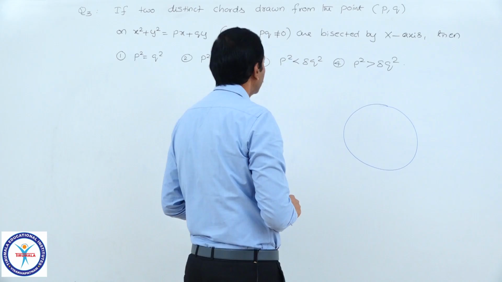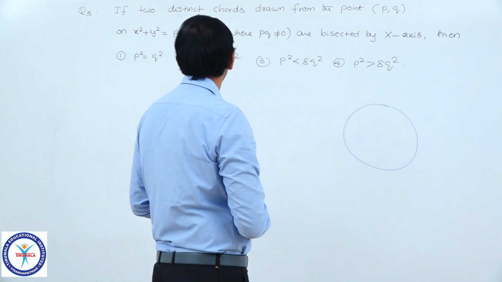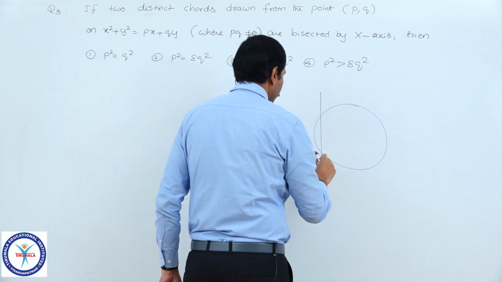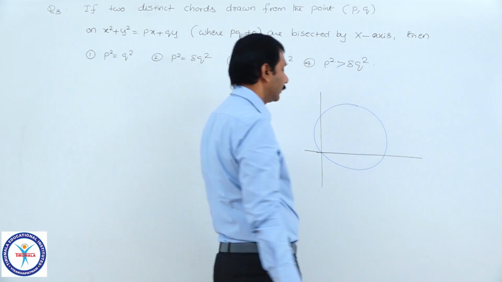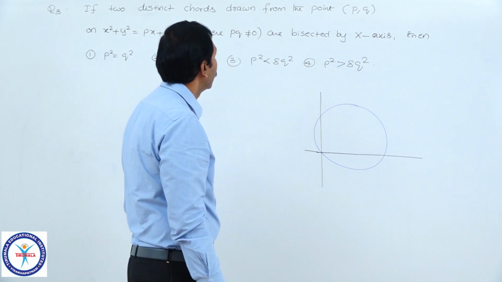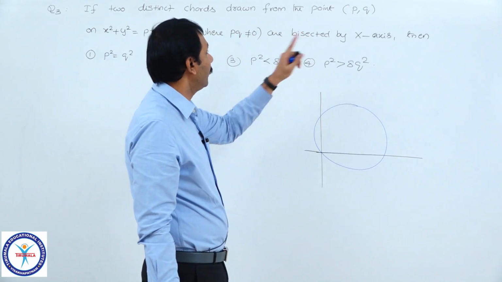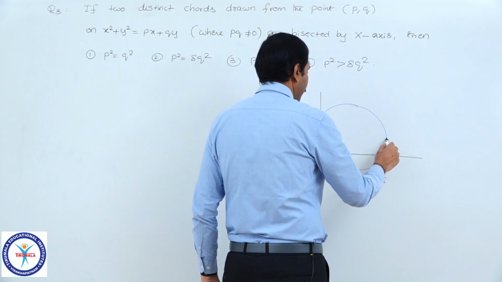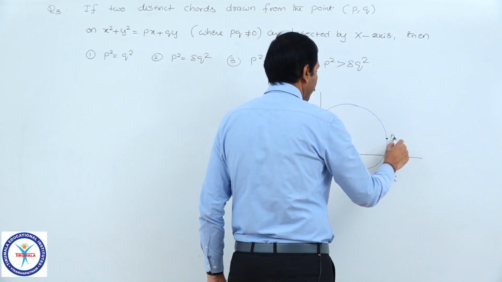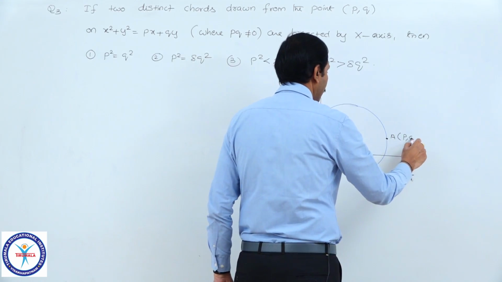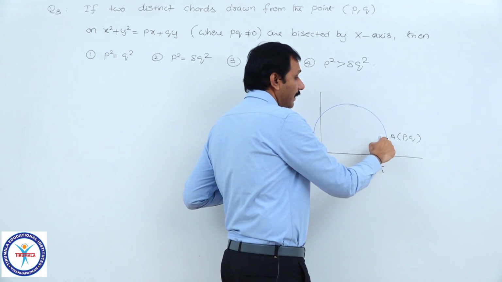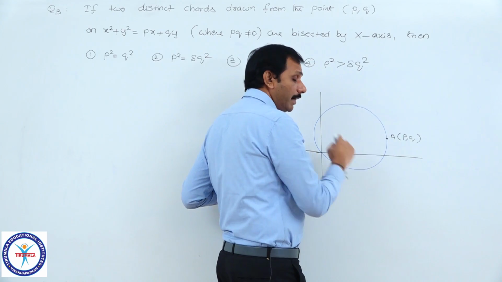It is the circle, and of course the circle is passing through 0 comma 0. From a point P comma Q, suppose it is the point capital A whose coordinates are P comma Q. Now chords are drawn from this point which are bisected by x-axis.